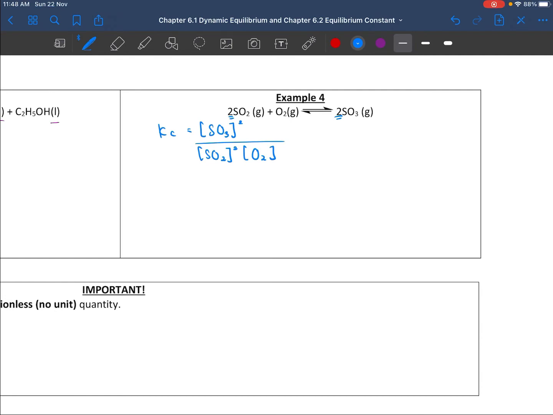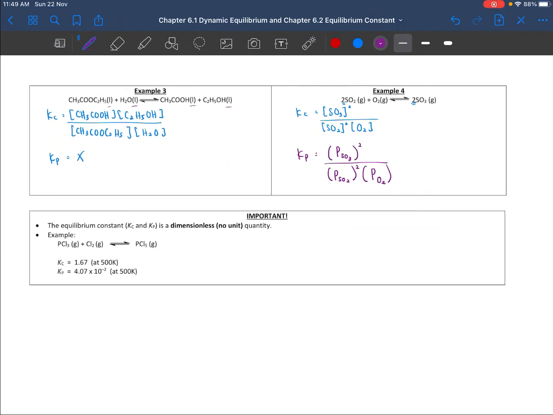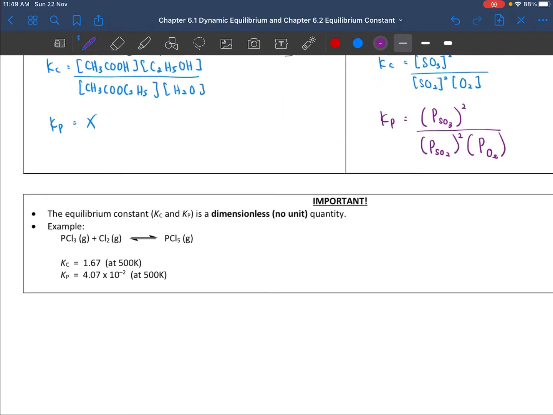And then since all the phases are gas, we can write the KP equation. So KP equals the partial pressure of SO3 to the power of 2 divided by the partial pressure of SO2 to the power of 2 times the partial pressure of oxygen to the power of 1. So that is KP. This is a homogeneous reaction, but our reactions are usually mixed. Sometimes homogeneous, sometimes heterogeneous.